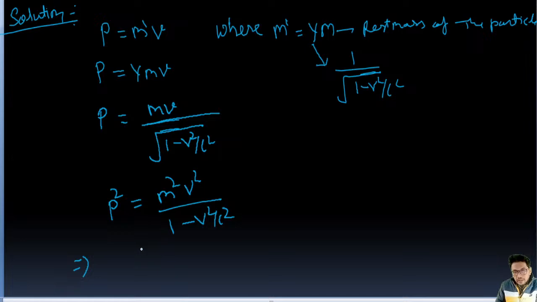That implies, we will cross multiply this. This is going to be p square minus v square p square upon c square, and this is going to be m square v square. So now we'll proceed further.